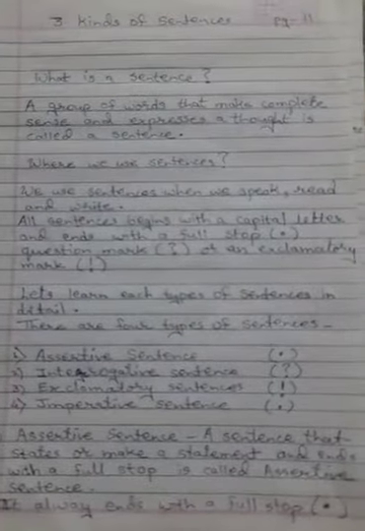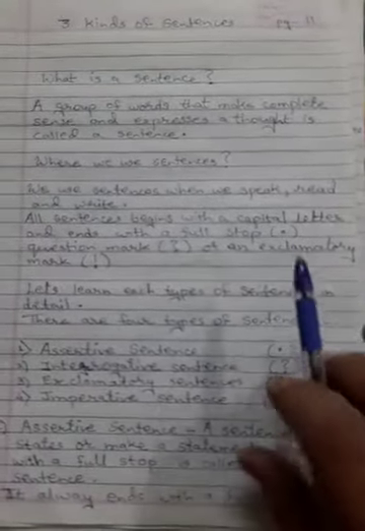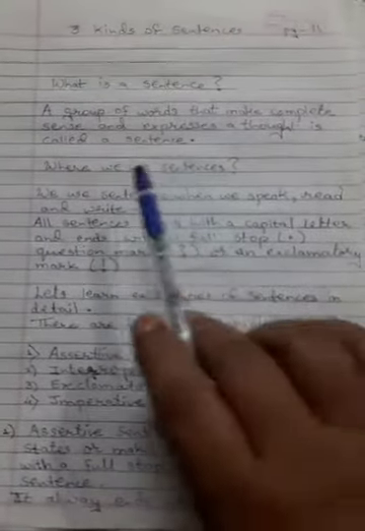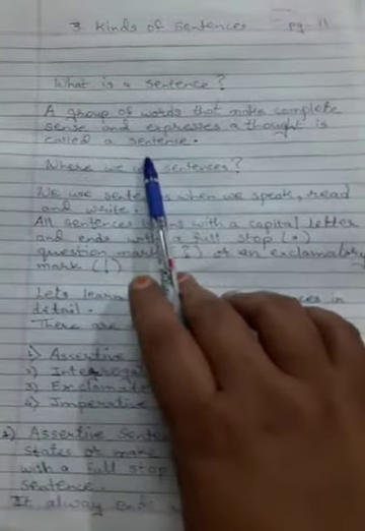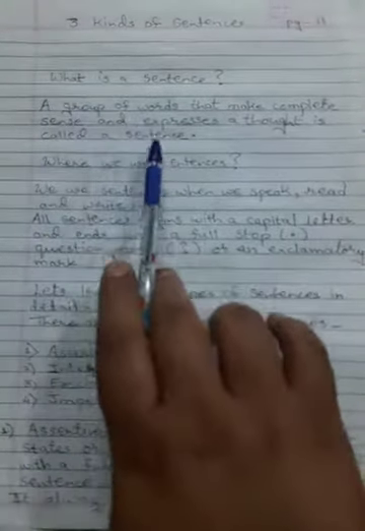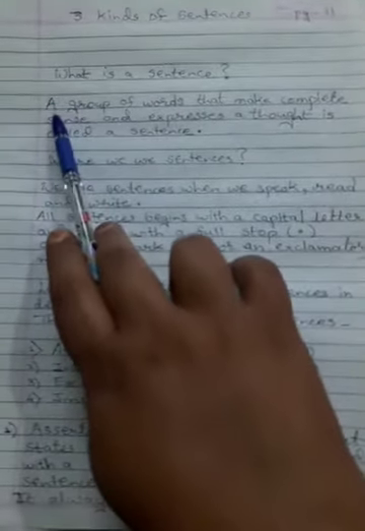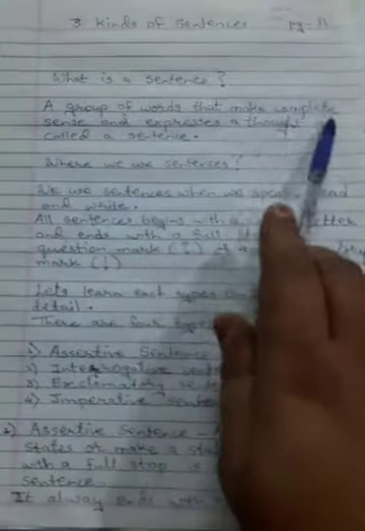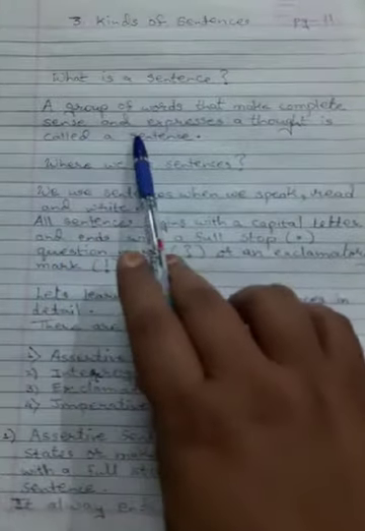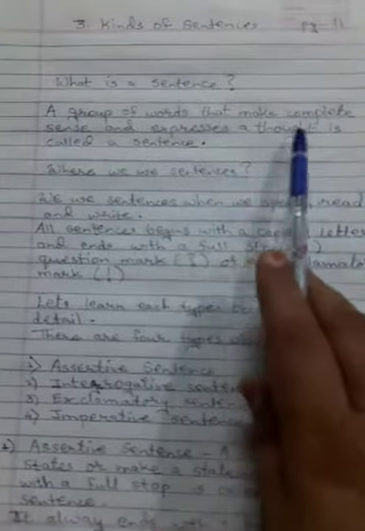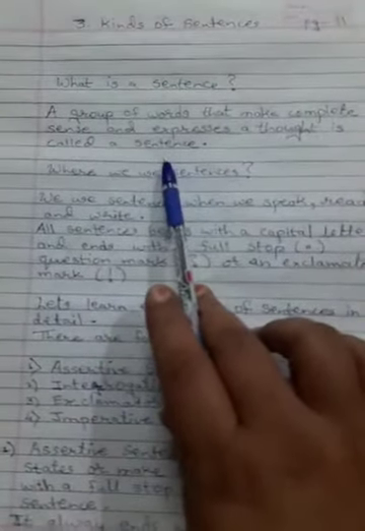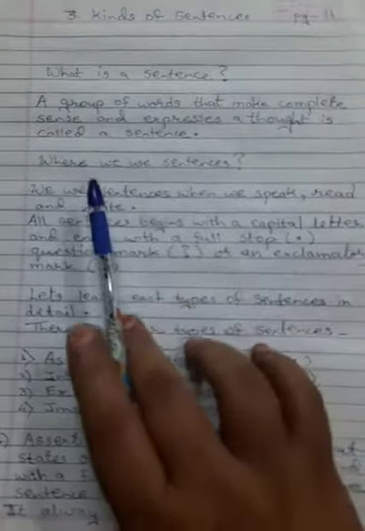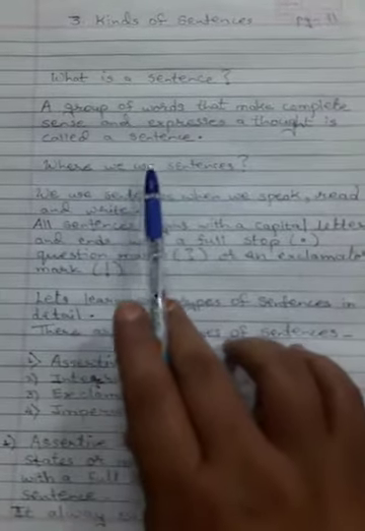Yes, in the previous lesson, because this is related to the kinds of sentences, just for revision you should know. That's why I am taking it again for you to understand. So just see the definition: a group of words that makes complete sense and expresses a thought is called a sentence. So we got the answer, what is a sentence.